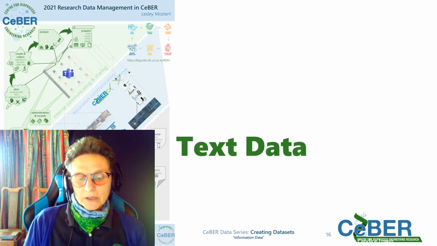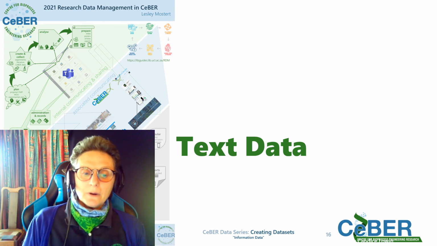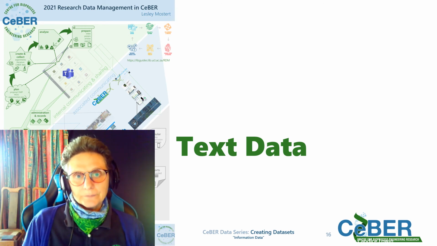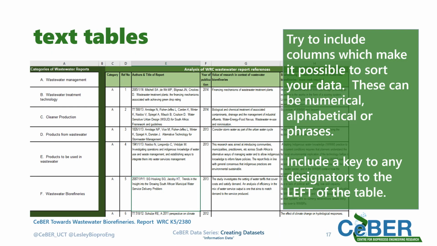So that was looking at images, and now obviously we also have data that comes as text. Firstly, tables. A lot of the same ideas apply to text tables as I talked about in numerical tables.